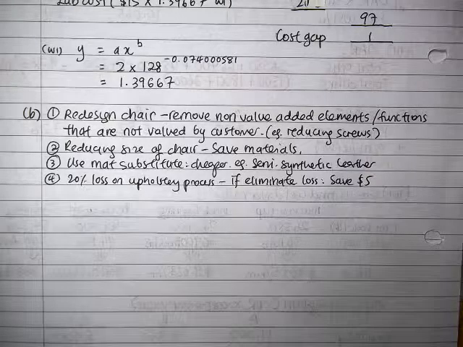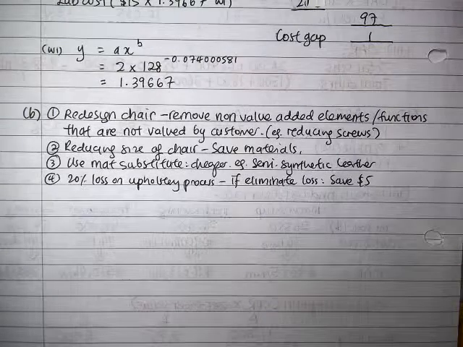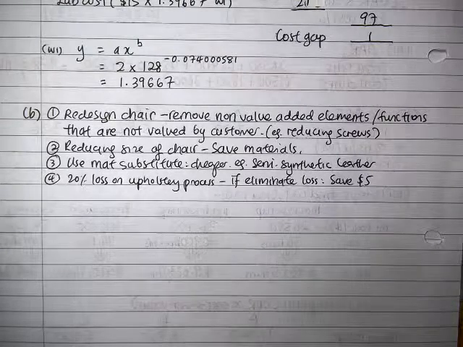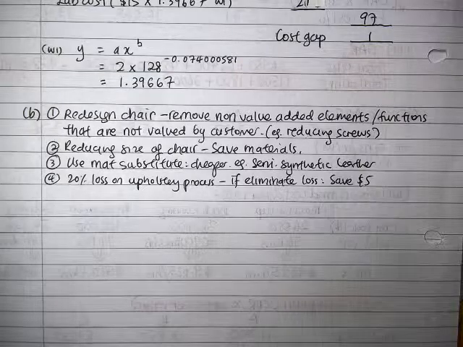Okay, look at part C now. Now part C comes a bit with the issue of the learning curve. They say that the production manager denies any claim that the cost gap exists. And he has stated that the cost of the 128th chair will be low enough to give you the required margin.